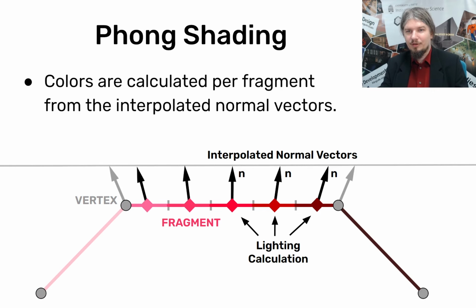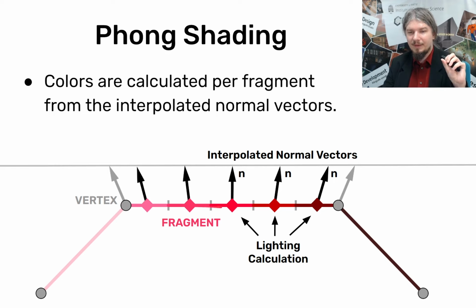With Phong shading or per fragment shading, we interpolate the normal vectors. With Gouraud, we calculated the color in the vertices and interpolated it. Here we don't calculate the color at the vertices. Instead, we have a surface normal per vertex, but we interpolate this surface normal across the face.